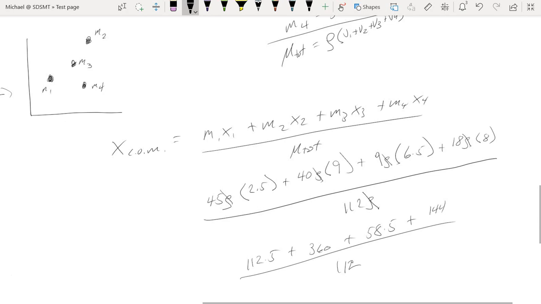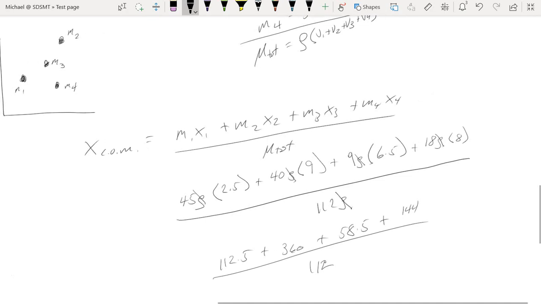And that's all going to be divided by 112. I'm going to add up everything in the numerator, and I'm getting 675 divided by 112.